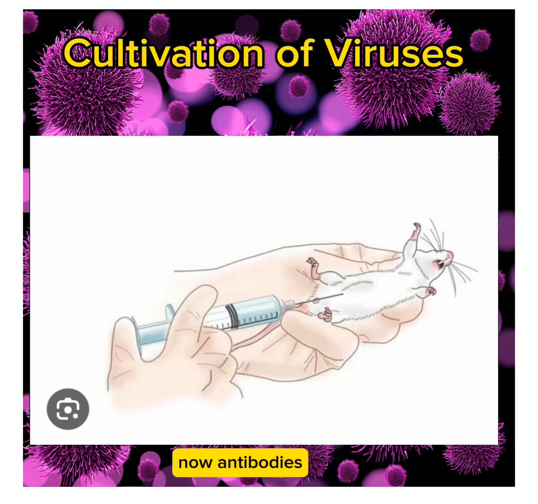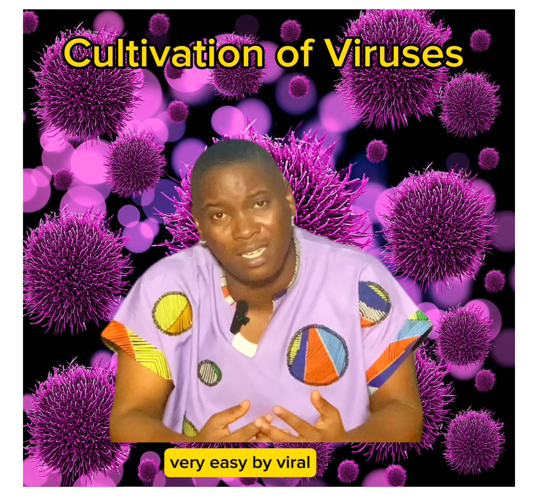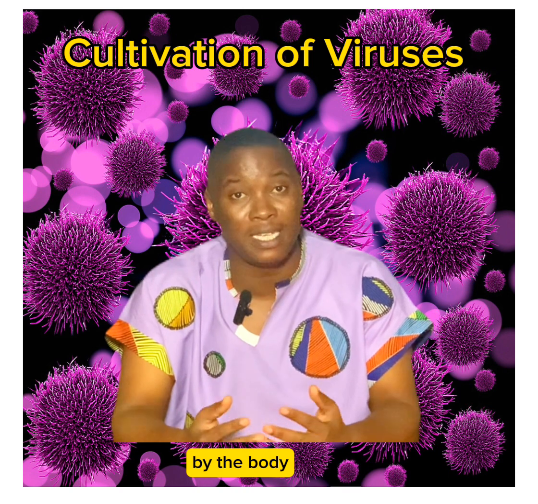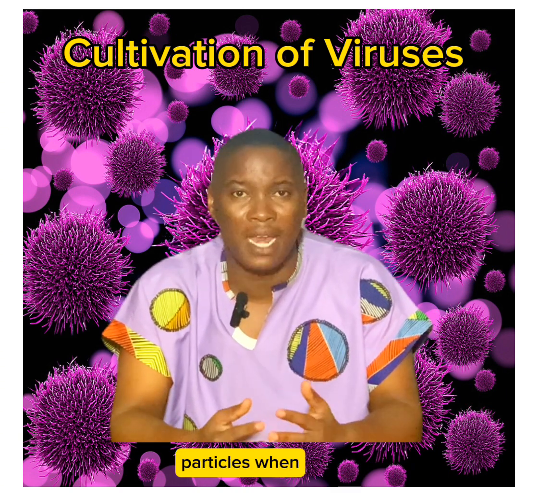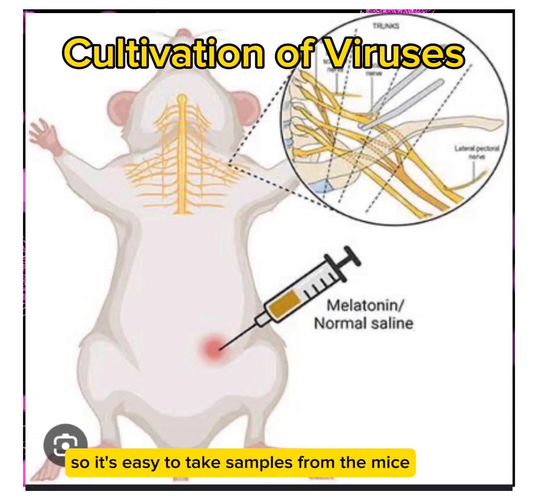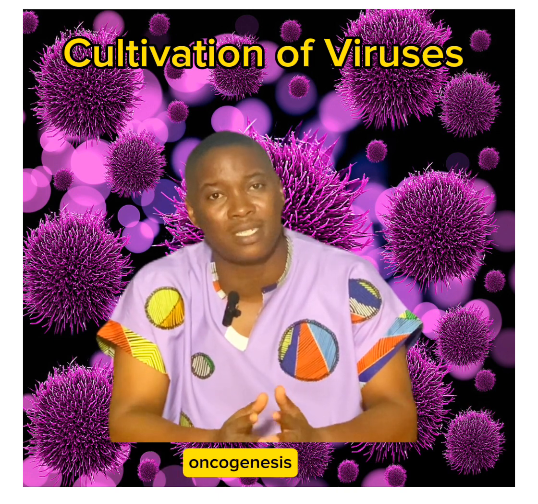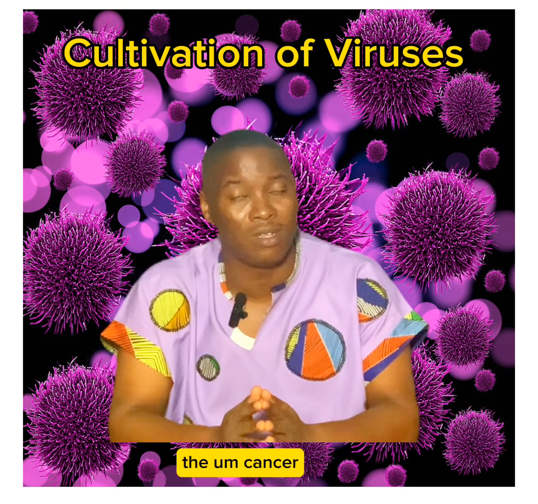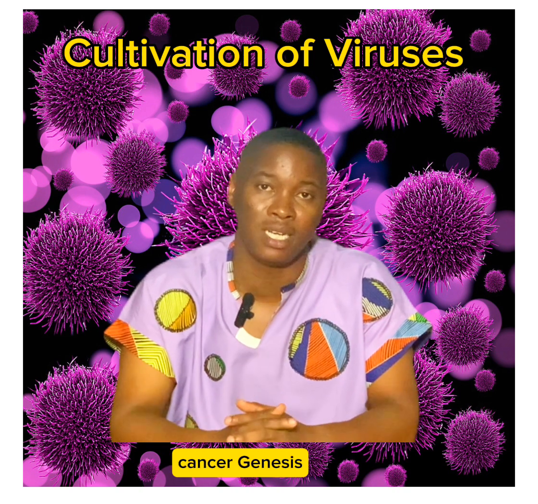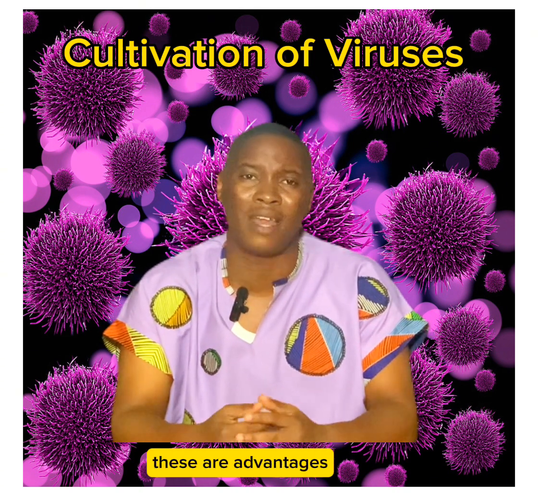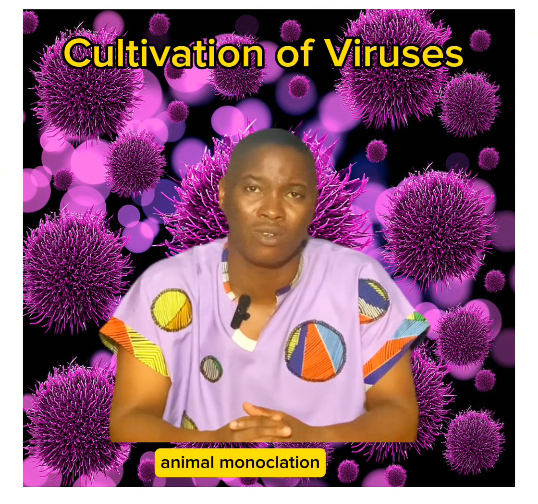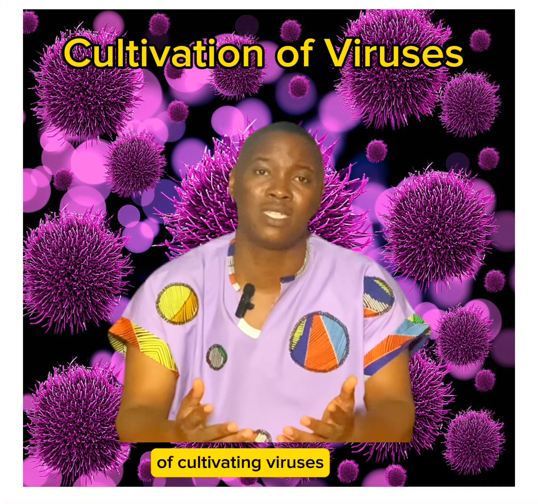Antibodies are also formed very easily by the body against viral particles when animal inoculation is done. So it's easy to take samples from the mice and get antibodies for that virus. And it's an easy method that can be used to study oncogenesis, that is the beginning of cancer. So these are advantages of using animal inoculation as a method of cultivating viruses.